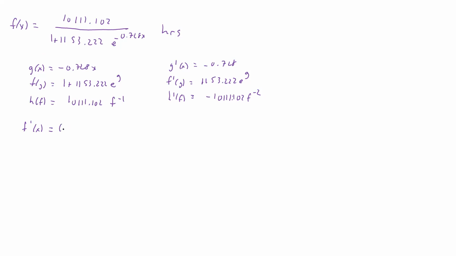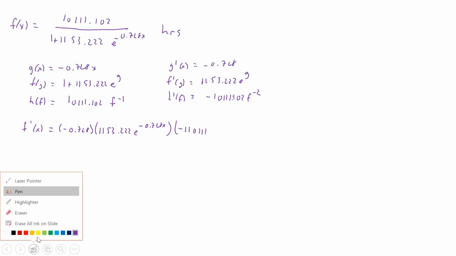So that's going to give us negative 0.728 times 1153.222 e to the negative 0.728x, and then times negative 1011... Why do I have that many ones?